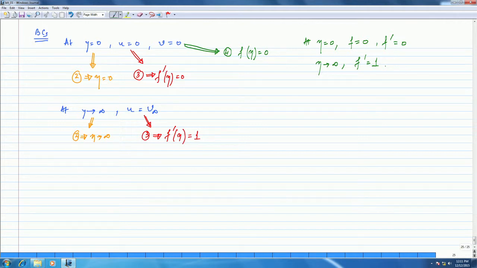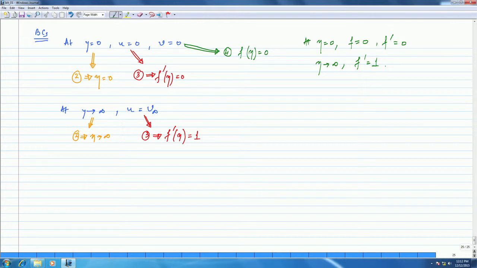Now, what we have done in terms of the equation here is to transform this equation using these conditions, so let us put that together.